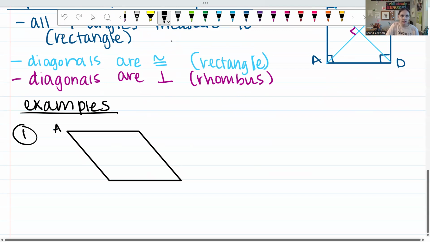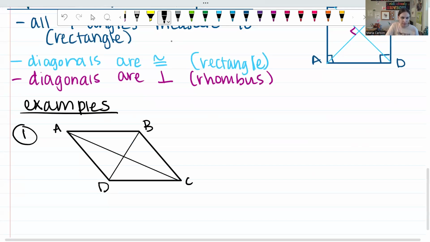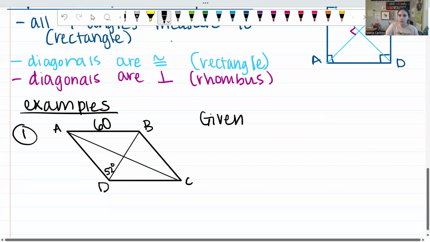This is A, B, C, D, and we have the diagonals, AC and DB. We know that AB is 60, and this ADB has a measure of 52 degrees. So that's stuff that's given to us, and given A, B, C, D is a rhombus.